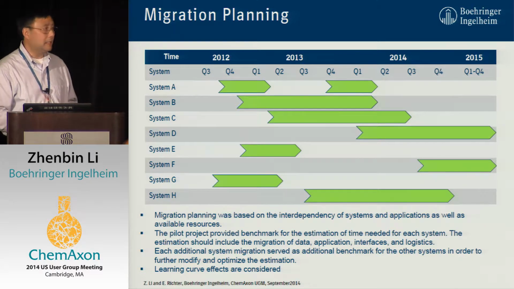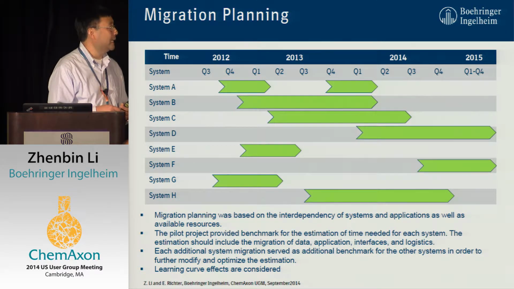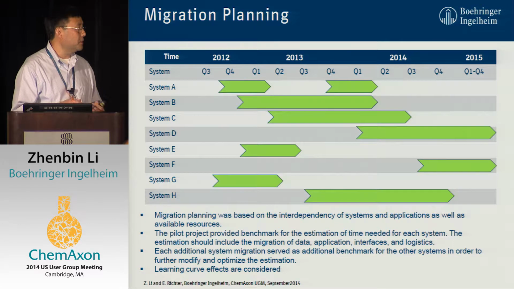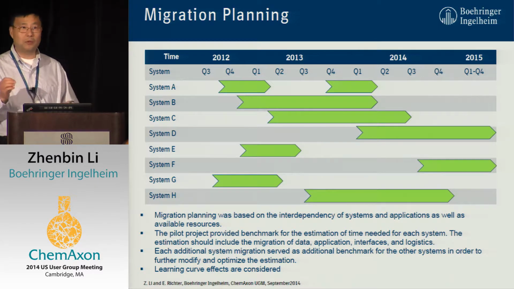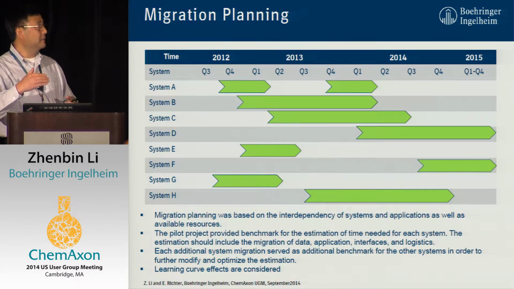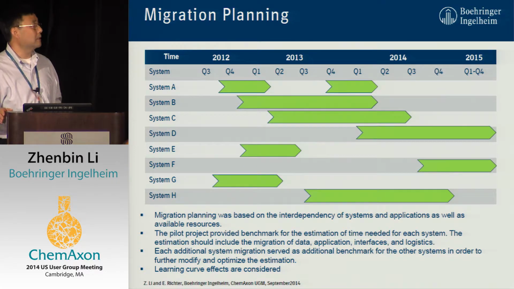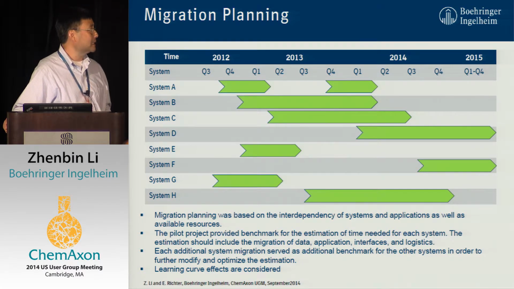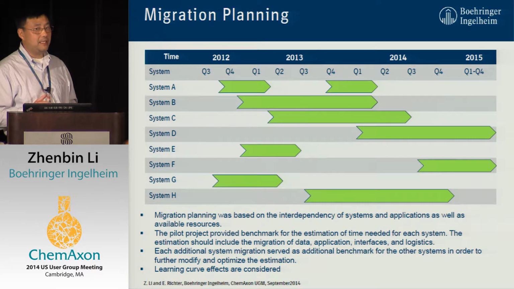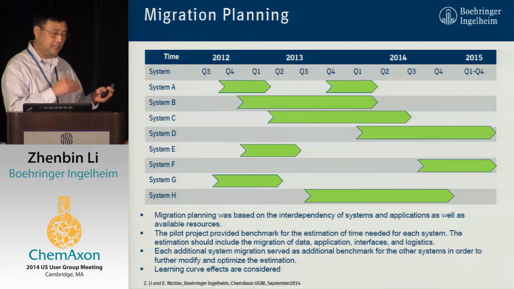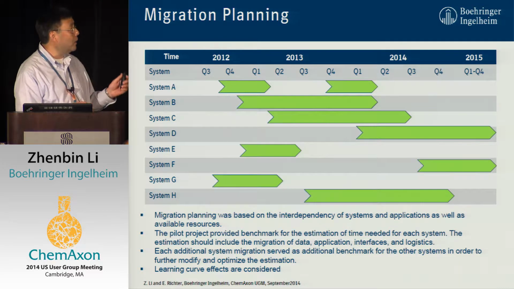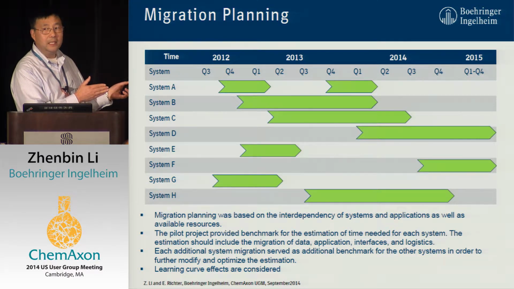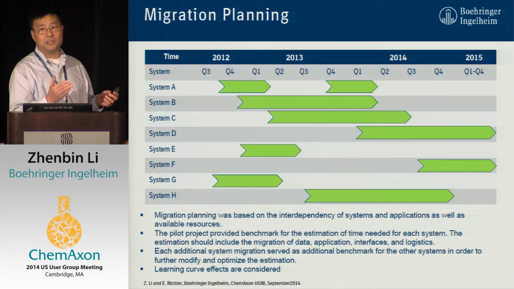Of course, during the migration planning, as I mentioned, we use the pilot as the benchmark to understand how much time we're talking about. Then we estimate how long we need for other projects. Also, the interdependency analysis gave us the opportunity to understand when the project should be done or what the consequences would be.